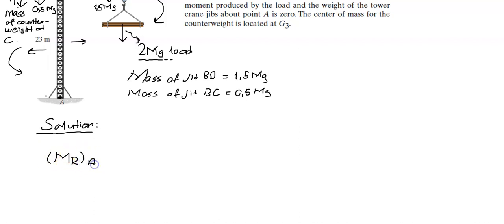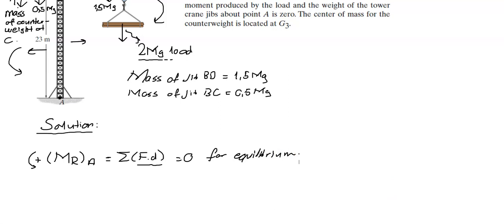We need to find the resultant moment around point A, and assuming that counterclockwise is positive, we have the sum of force times distance. These are the moments of each acting force, so the sum of all these moments should be equal to 0, for equilibrium.